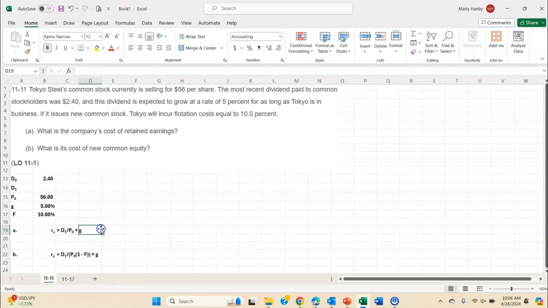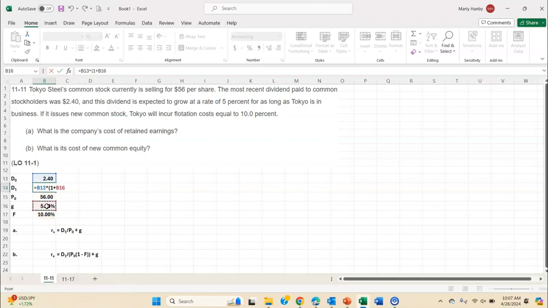All right, let's go. First thing we do is grow the dividend. We take the current dividend and multiply it by 1 plus the growth rate, so you need an asterisk and parentheses.